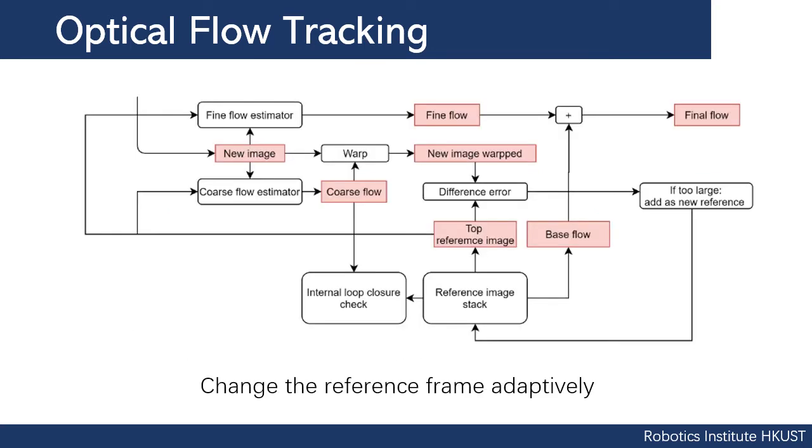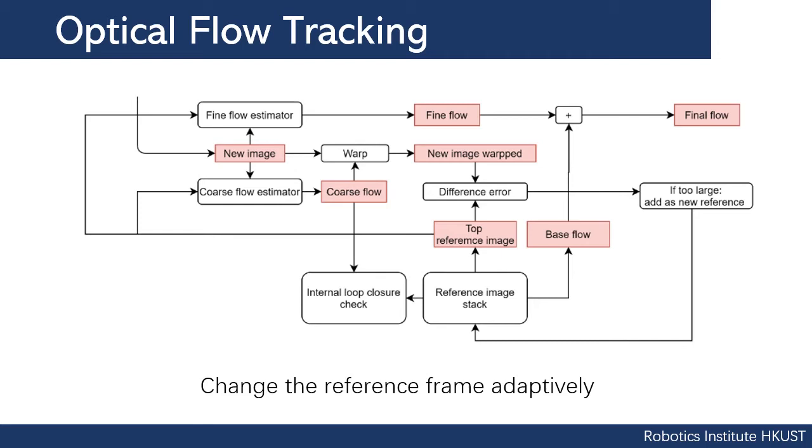Therefore, we propose to use the adaptive referencing optical flow for the contact tracking. Essentially, we are running two optical flows in parallel. One is of high resolution, the other is of low resolution. We use the low resolution one to inverse warp the current image and compare it with the reference image.